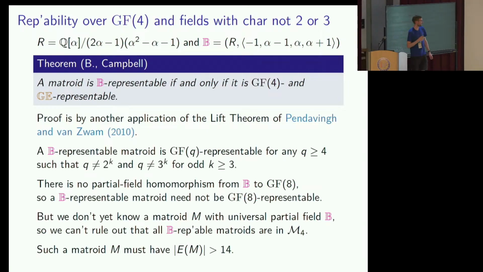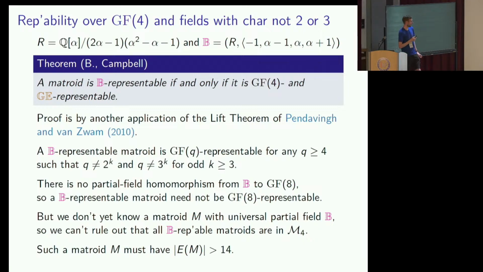Okay, so what does it tell us back to our original problem? If you're B representable, you can ask, in partial field terminology, if there's a partial field homomorphism to other finite fields. A B representable matroid is certainly representable over all fields of size at least 4, except those of the form GF2 to the k or GF3 to the k, where k is odd.